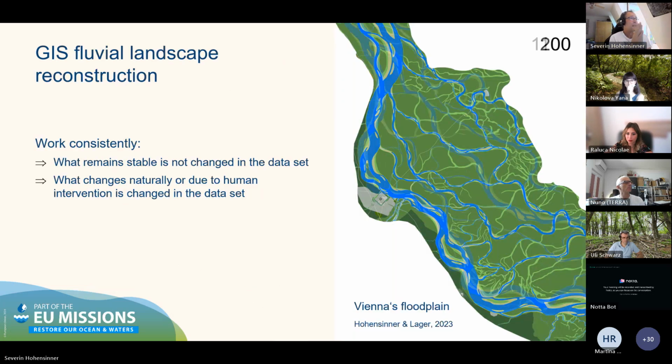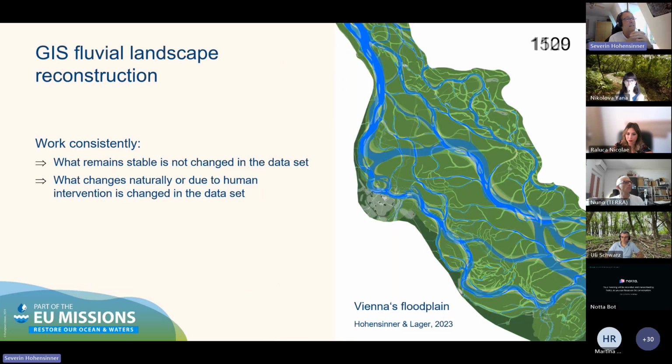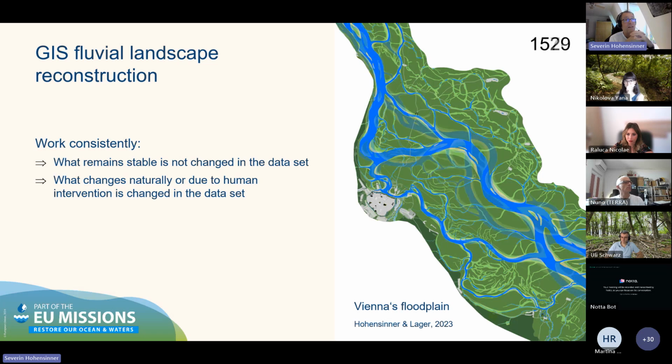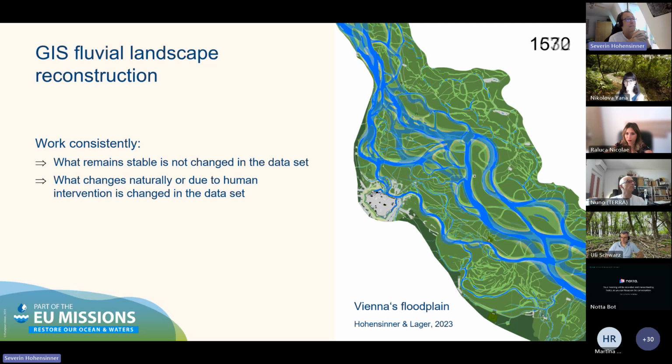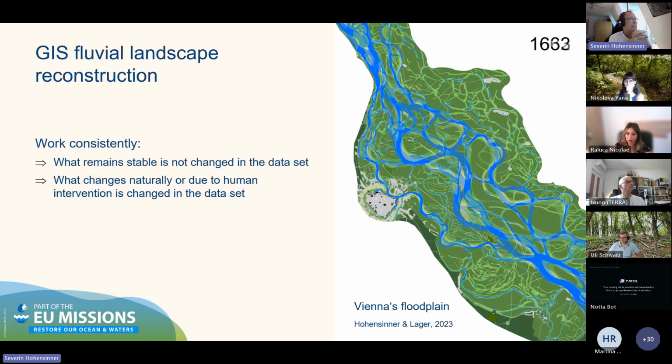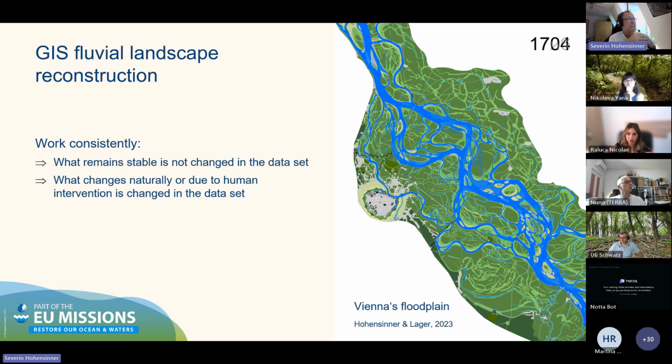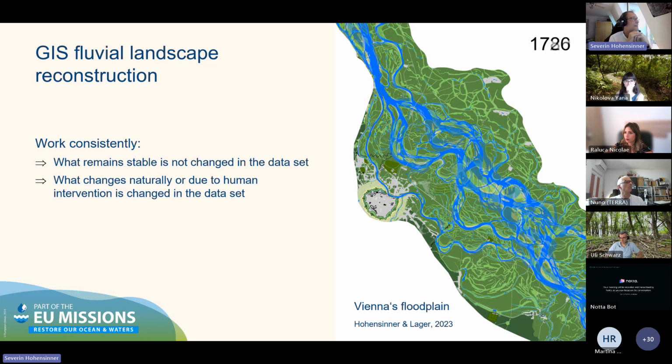Here is the animation for the river landscape in Vienna, and you can imagine producing such animations. This is for the new Wien Museum in Vienna.